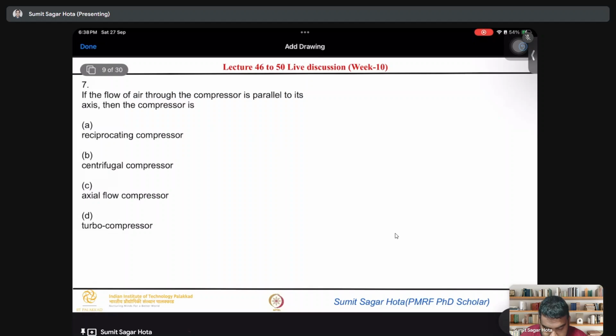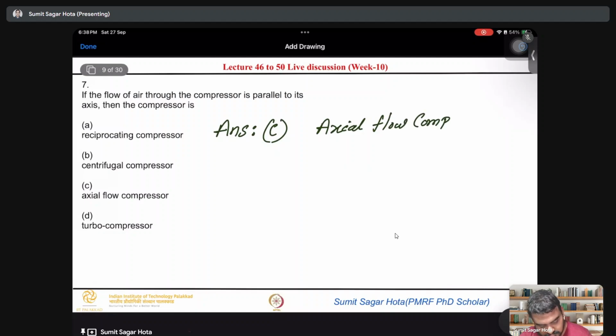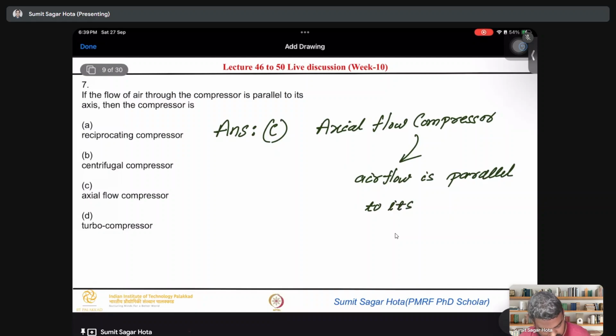In a different way, the same question can be asked, in terms of flow of air, or parallel to the axis. So the airflow is parallel to its axis.